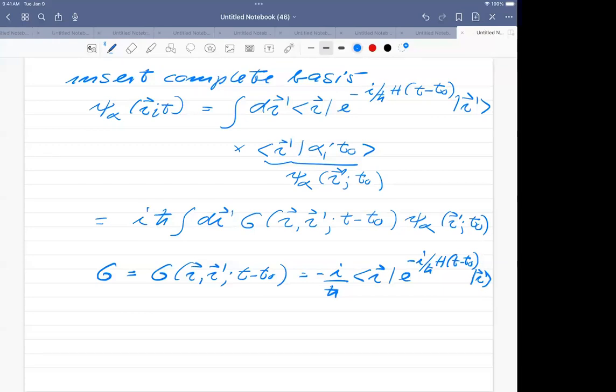Now, what is important for us is that if you know this function G, then you essentially know everything about the system. We have the initial solution psi of alpha at time t0. If we know that and the Green's function, then we can say everything about how the solution will propagate and develop through all times.